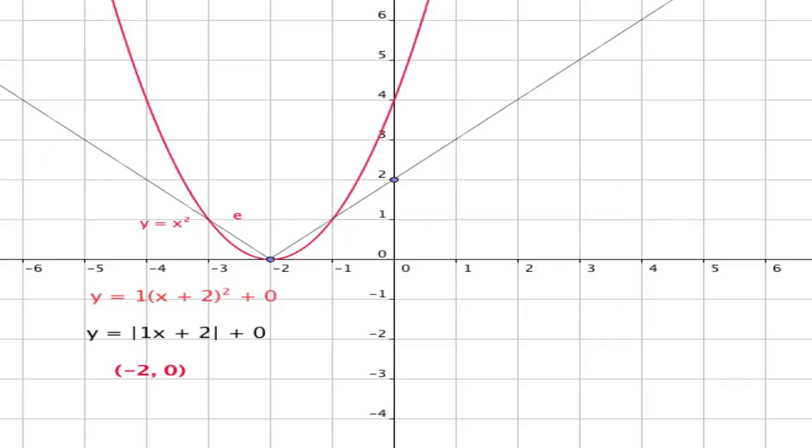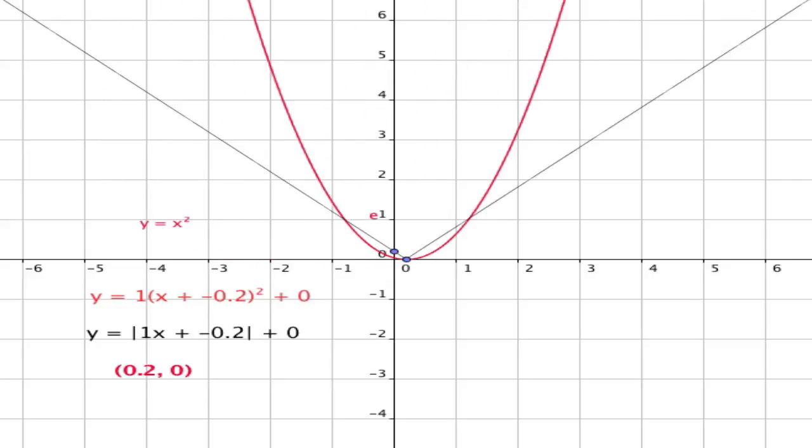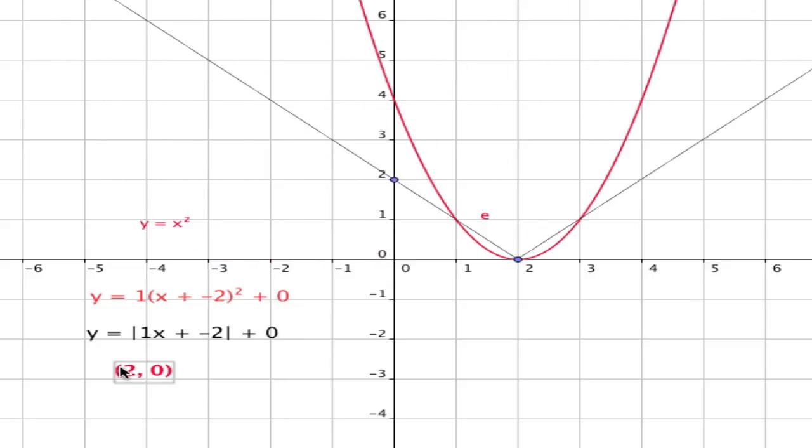Just like with the absolute value, the absolute value is doing the same thing, just like we saw before. If we add 3 inside the parentheses, x plus 3 squared, then we move over 3 to the left. That has to do with the fact that if x is negative 3, negative 3 plus 3 is 0, and so y comes out to be 0.